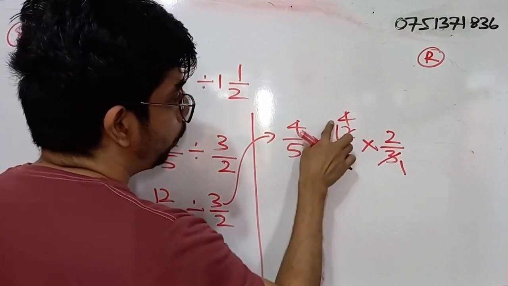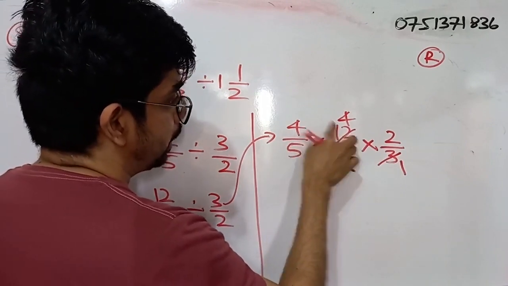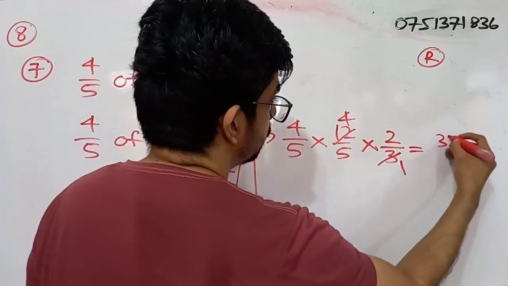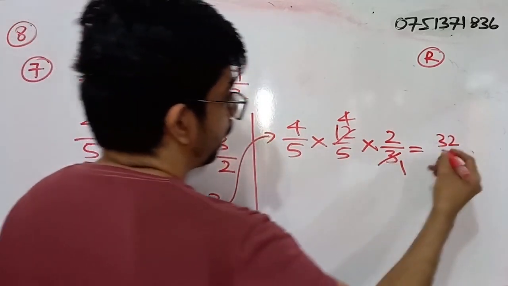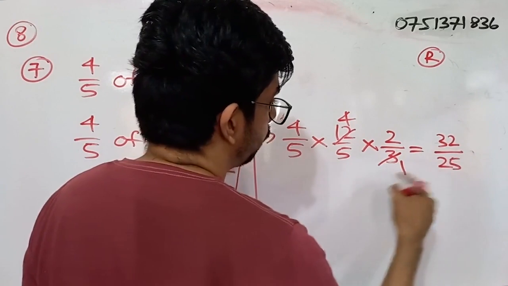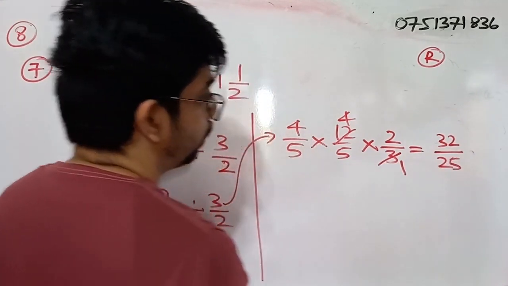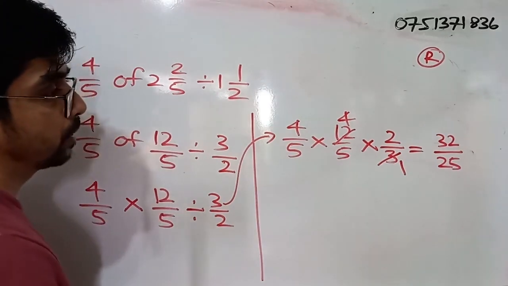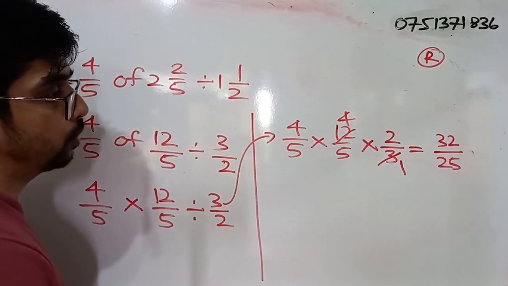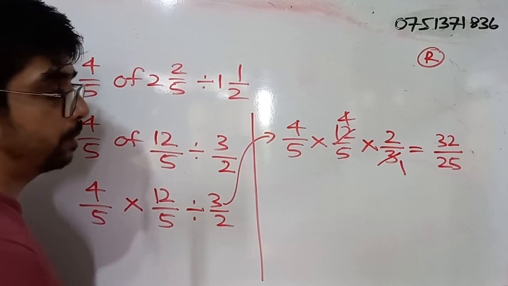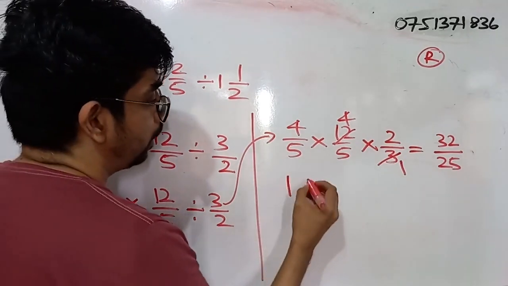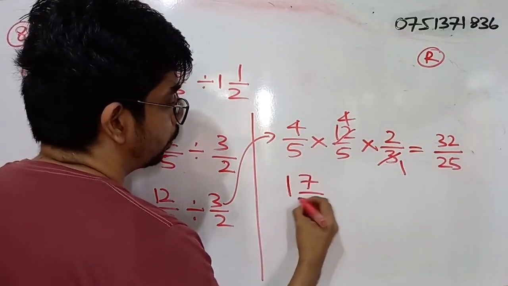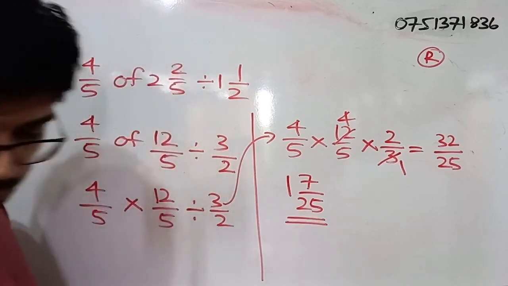Then 4 times 4 that is 16, 16 times 2 that is 32, 5 times 5 that is 25, 25 into 1 that is again 25. So now we have to simplify 32 by 25 into what? Into a mixed number. So it will be 1 and 7 by 25. So that is the answer.